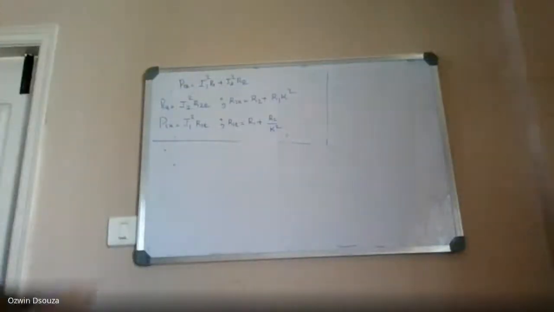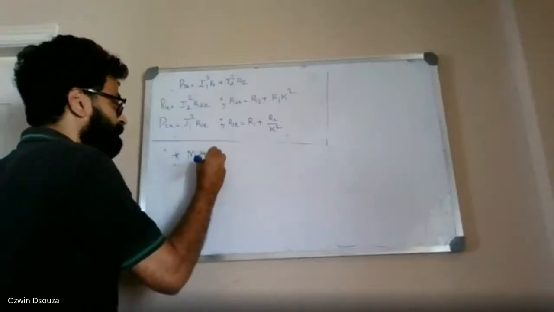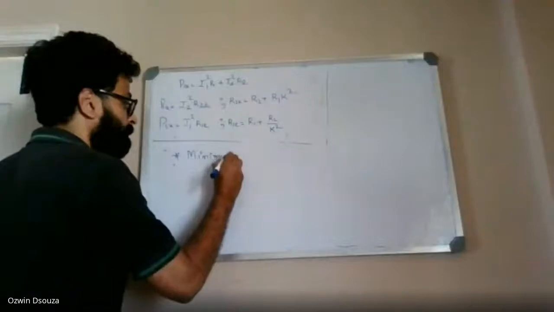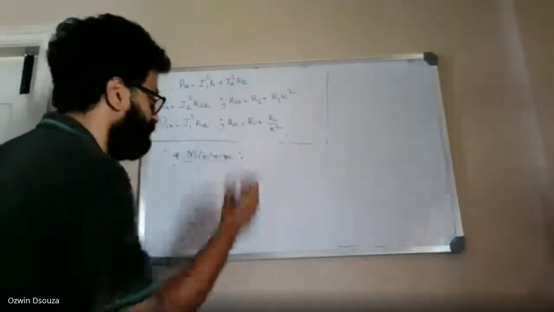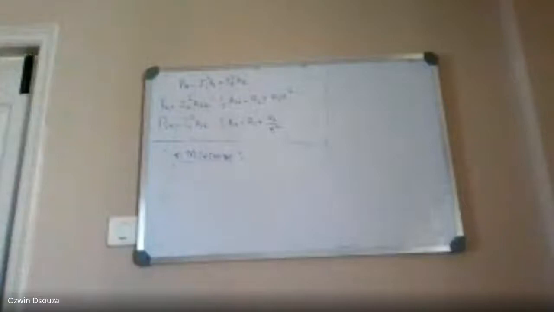The second part of this discussion is to minimize. How do you minimize the losses? So minimization of losses. So we discussed about transformer loss, right? In which the first segment we considered, that is copper loss. Now, how do we minimize the copper loss?